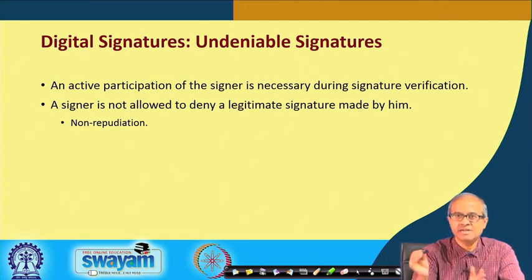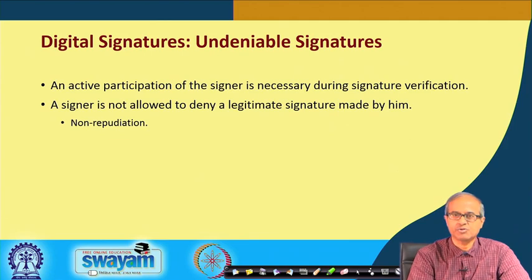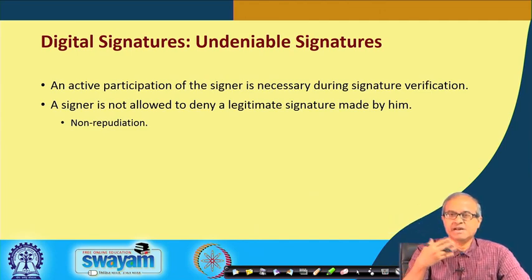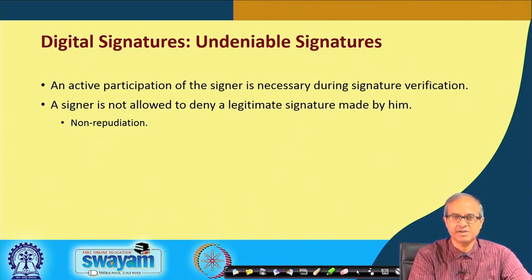So, there is another class of algorithms where the person who is signing also participates with the recipient during the verification process. But you can understand this scheme has limited applicability, because I am signing and sending, and I am not worried about anything after that. If someone calls me and asks me every time whether this is my signature or not, it will be quite annoying for me.